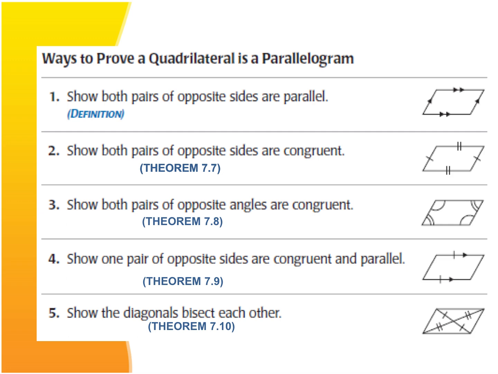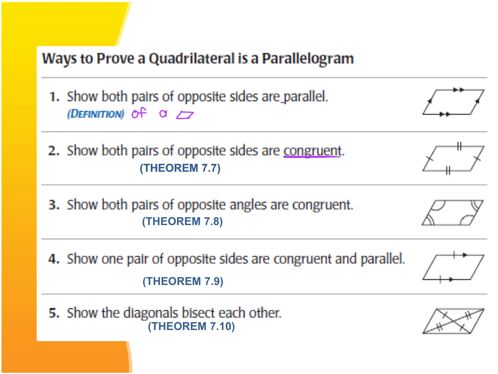Keep in mind, look at the difference between the first one and the rest of them. One says definition: shows that both pairs of opposite sides are parallel. Again, this one is the definition of a parallelogram. Do not get that mixed up. A lot of students get this one mixed up with the second one, which says shows that both pairs of opposite sides are congruent.